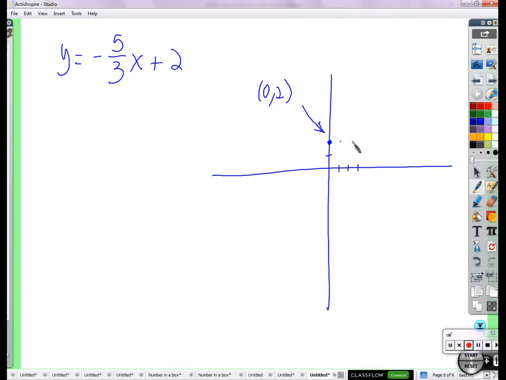That's 2 minus 5, right? So I'm going to go down 1, 2, 3, 4, 5. Well, that puts me at the point 3, negative 3.